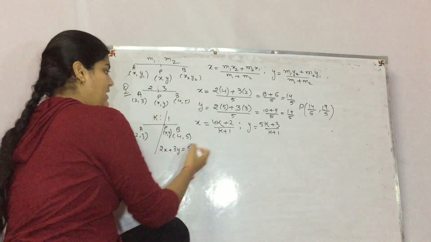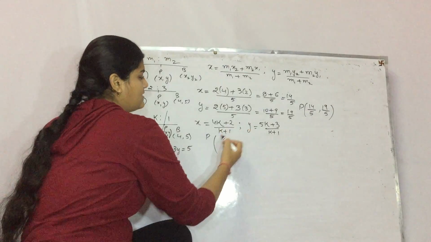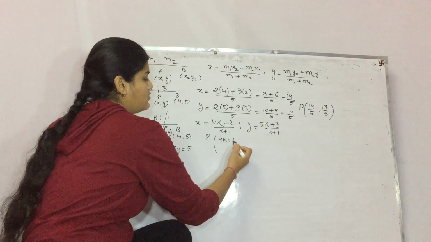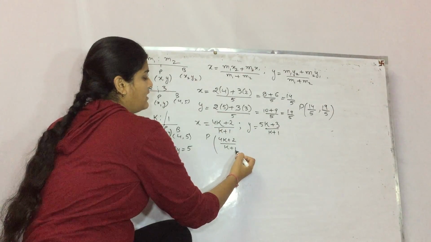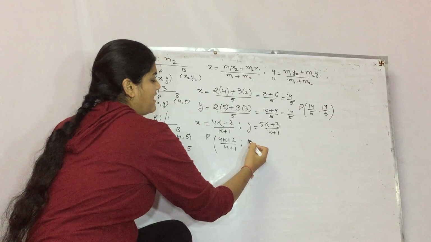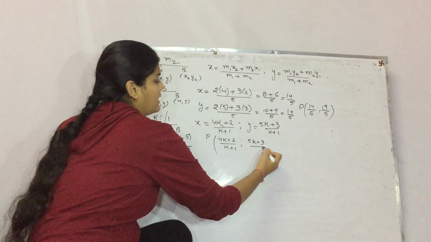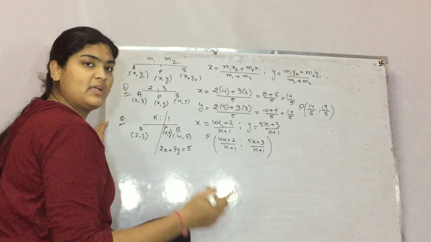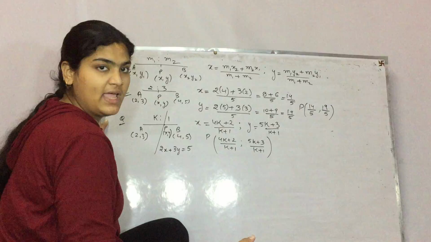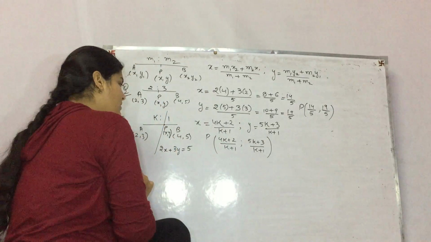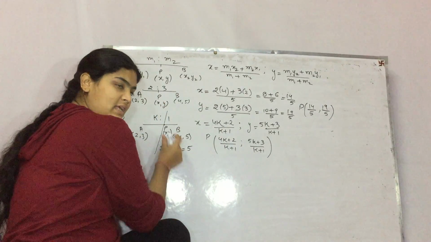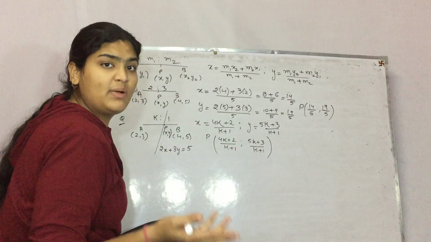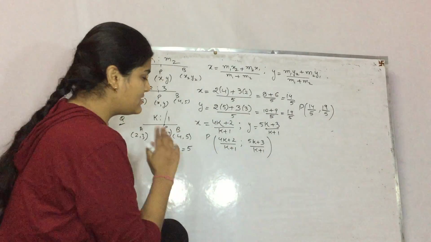Now the coordinates of P are (4k plus 2) over (k plus 1) and (5k plus 3) over (k plus 1). It satisfies this particular equation of a line. Why? Because P lies on this line. So it will become a solution for this equation.